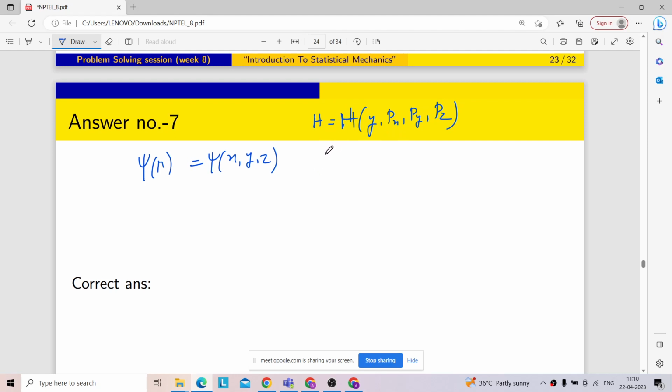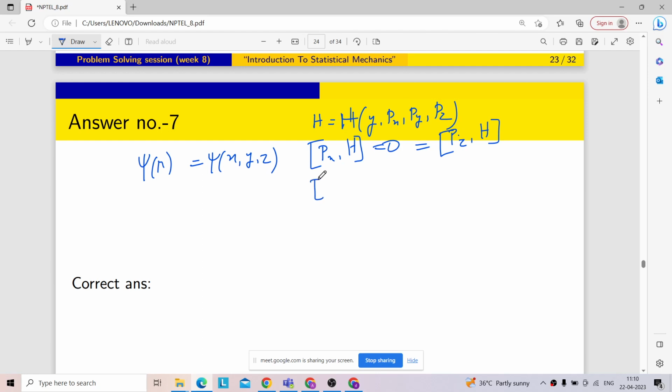Now if I take commutation of px with respect to the Hamiltonian, there is no x dependence here, so it will give me 0. And similarly for the pz case also, there is no z dependence here, right?